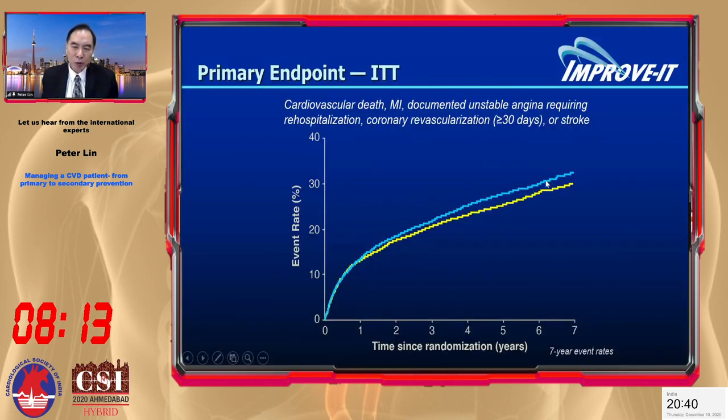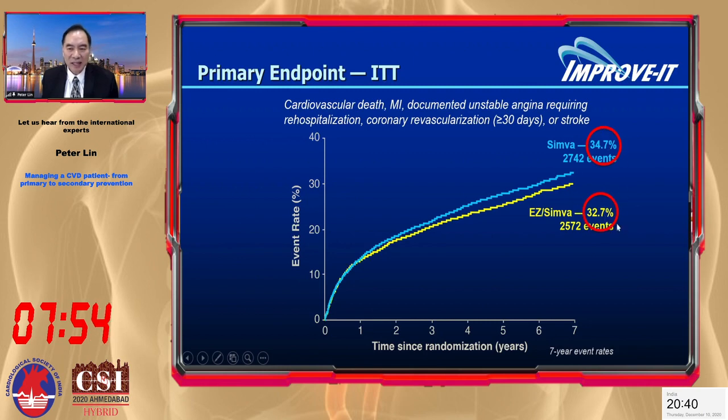If you look at the IMPROVE-IT study of ezetimibe on top of a statin, you could see here that basically simvastatin was the base therapy, and then the ezetimibe plus simvastatin, you could see that there is a 2% reduction. So in terms of absolute difference, it's 2% between the two, but you can see that we need another 1/3 of patients to have an event before you can actually see that 2%.